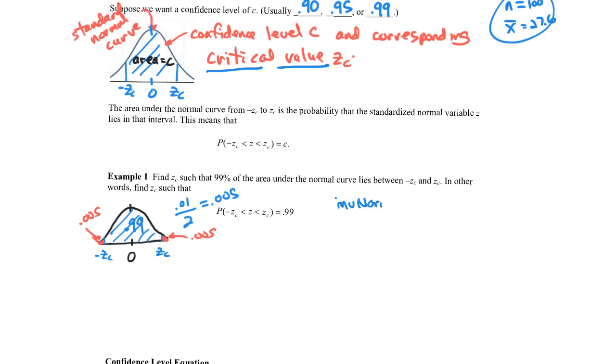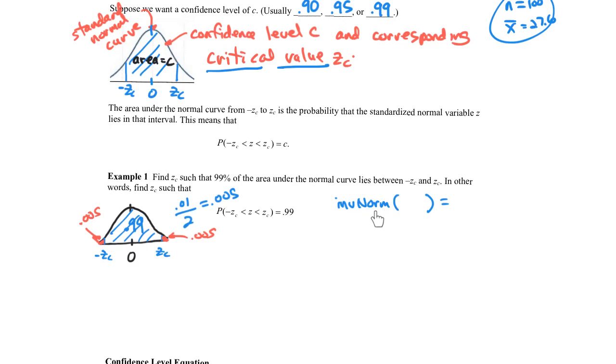Inverse norm. And we just have to remember, when we looked at this command, inverse norm by default always starts from the far left, and it goes this way and keeps adding up the area. We're going to give it an area, and it's going to give us a z-score. And what we talked about before is some of the newer calculators can tell you to start from the left, the right, or the center.